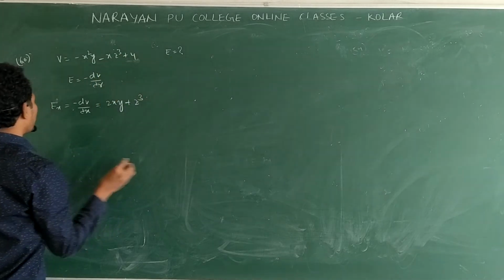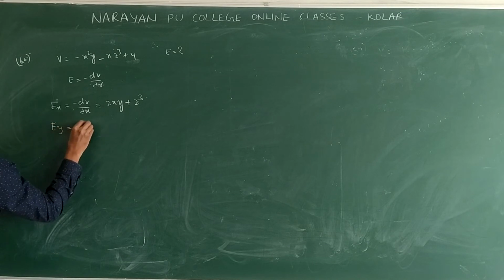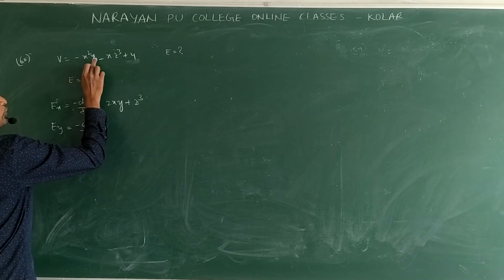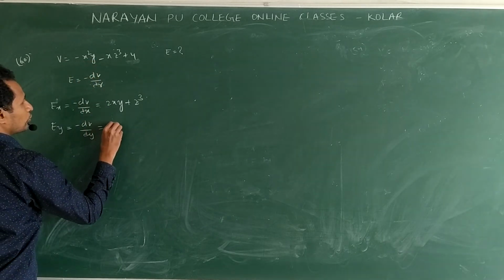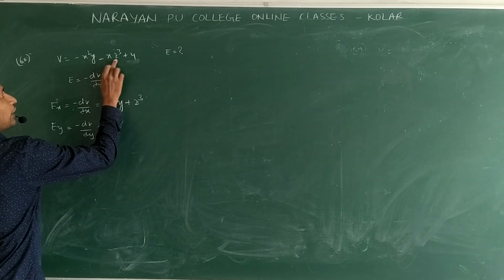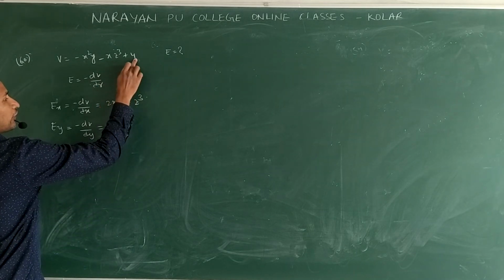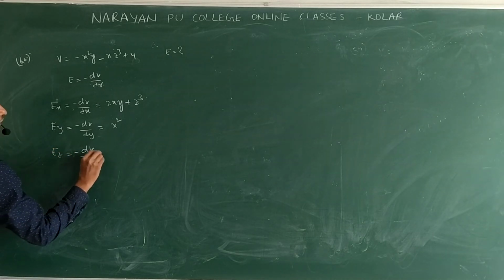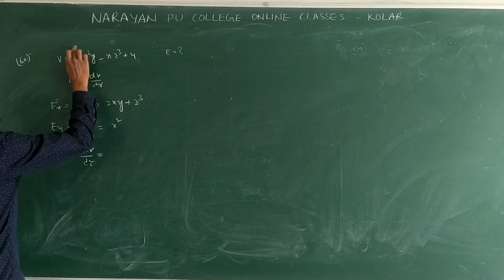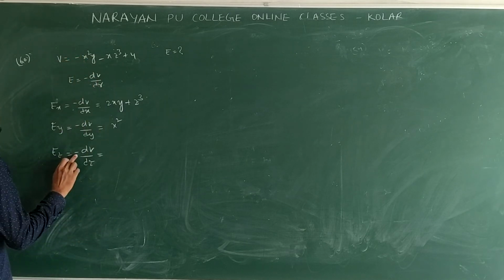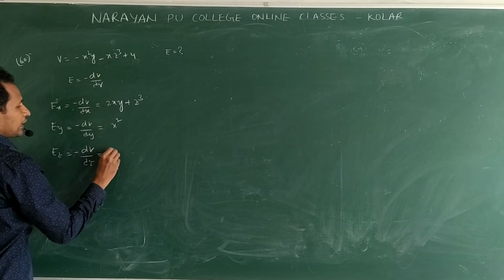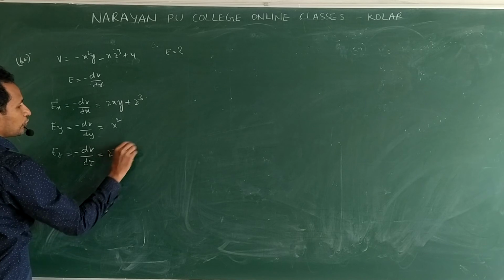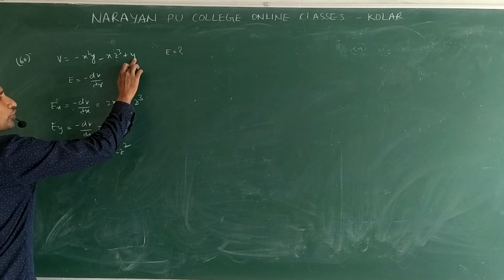Then Ey is minus dV by dy, minus of minus plus x square, because we do not have any y term in the other terms. Then Ez is equal to minus dV by dz. In the first term there is no z, so no problem. Minus into minus plus x as it is, z cube differentiation gives 3z square. 4 is constant, no problem.